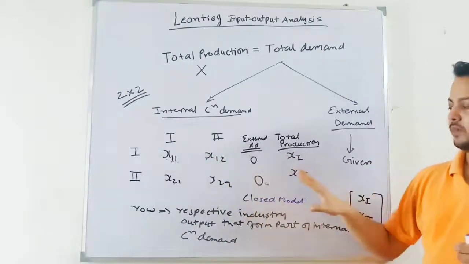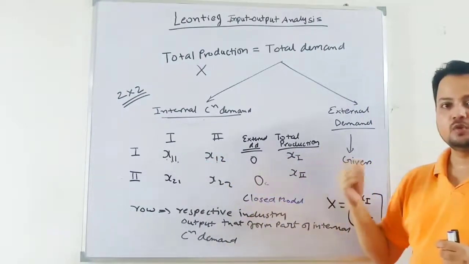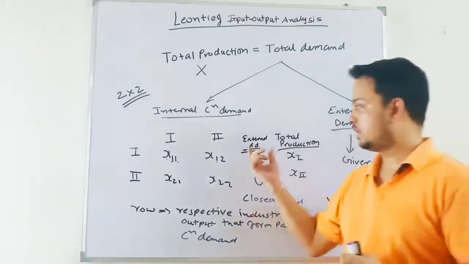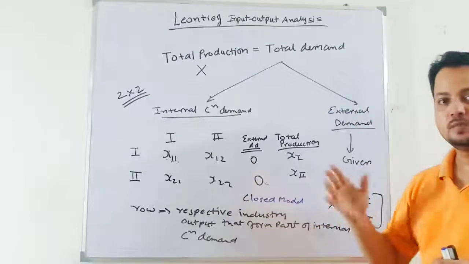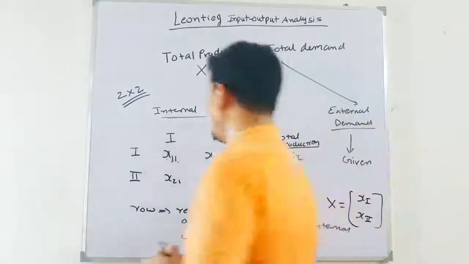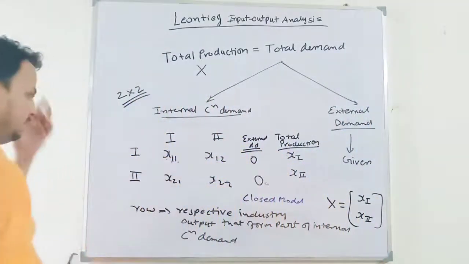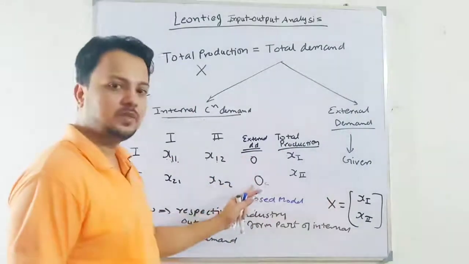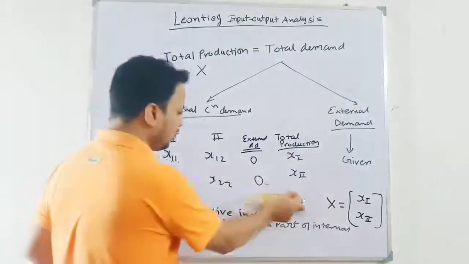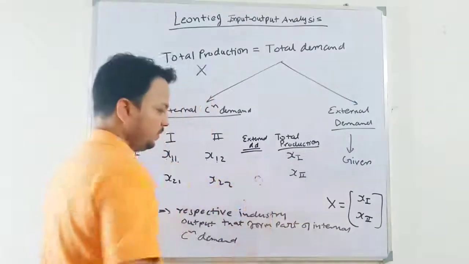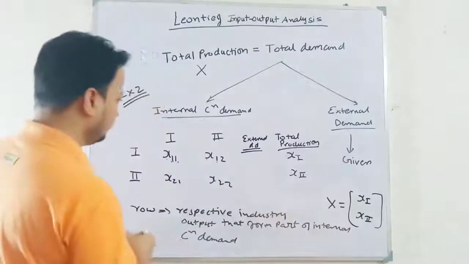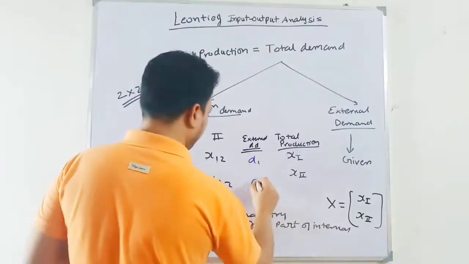Everything is made internally, they are not producing anything for the external sector to meet external demand. So in a closed economy, your external demand will be 0. In an open economy, this will be some positive number, D1, D2, given to us.